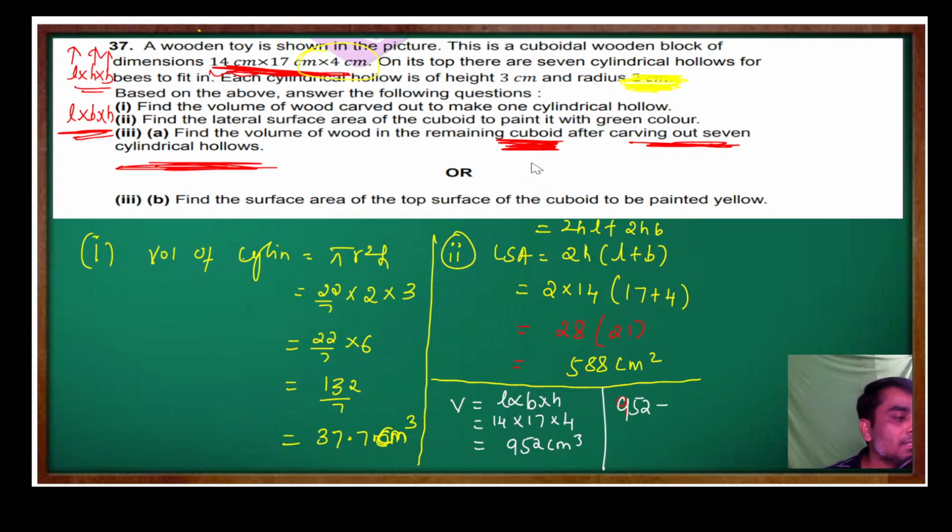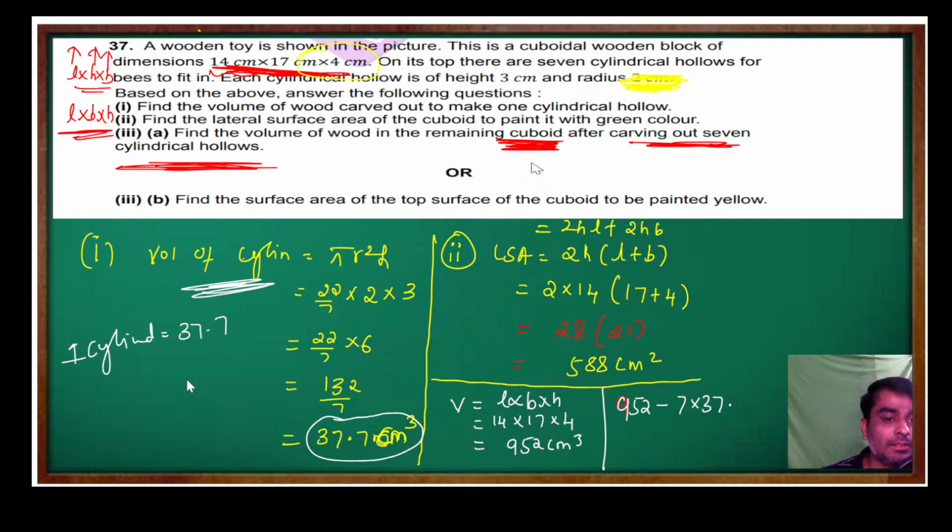952 minus, what is that volume? 7 into 37.7. This is for a cylinder, right? For one cylinder, 37.7. 7 cylindrical hollows means 7 into 37.7.